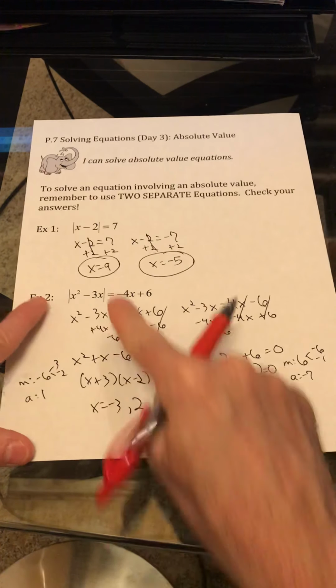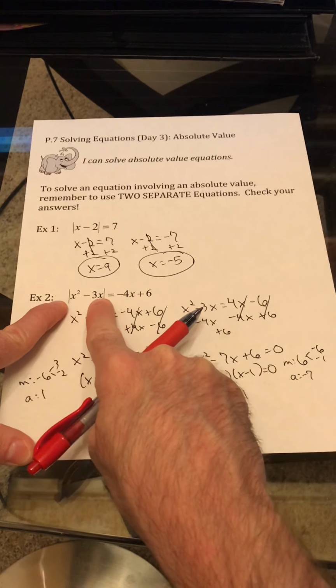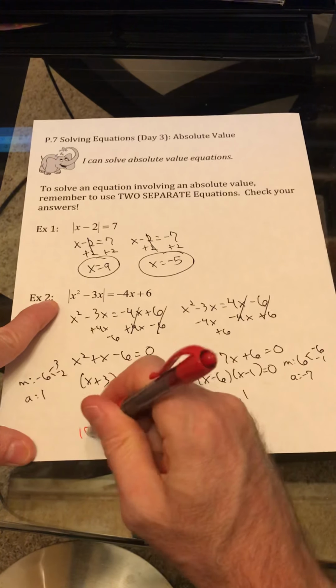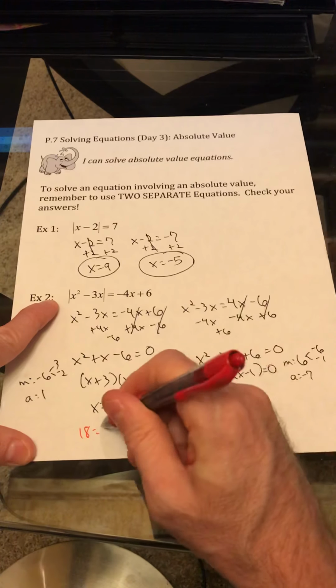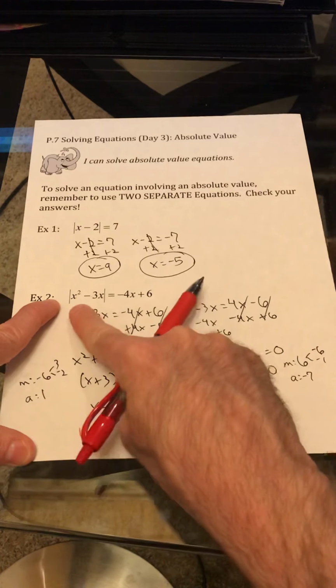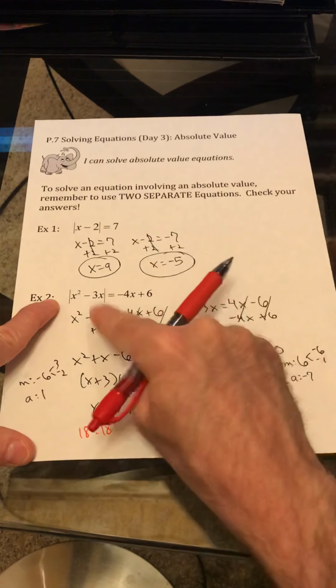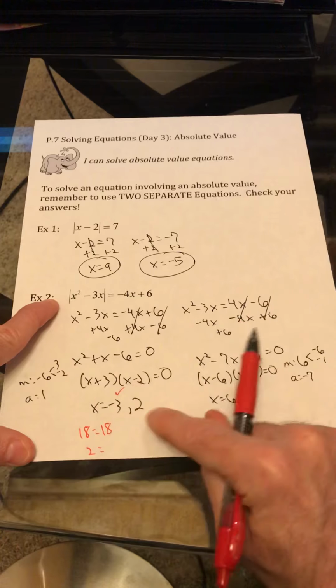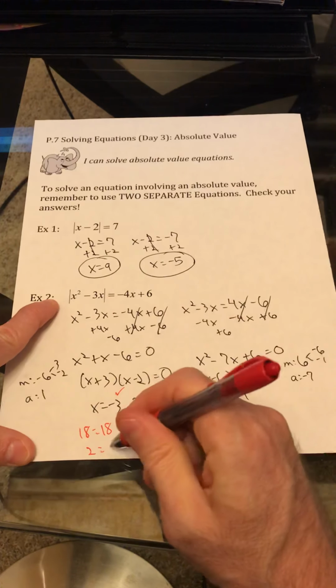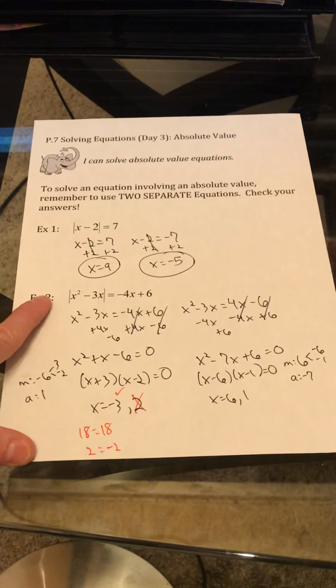When we plug negative 3 in, that's 9 plus 9, so 18 equals 18, so the negative 3 works. When we plug 2 in, 4 minus 6, absolute value makes it 2, equals negative 8, so that one is extraneous.